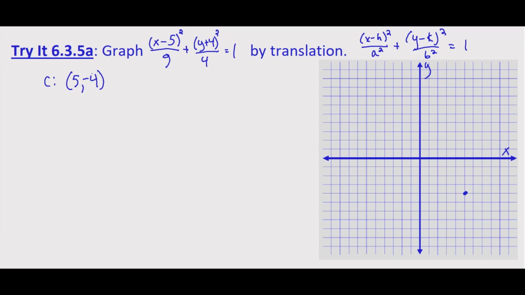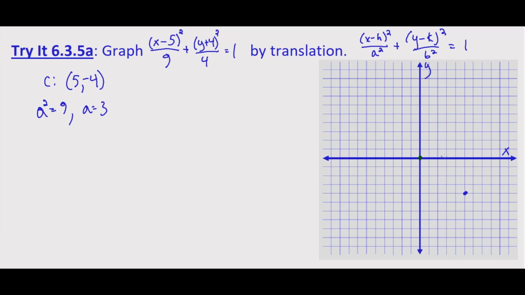So let's just look at if we're centered at the origin. We know a squared equals 9, so a equals 3. I'll go ahead and change colors for where we're translating from. So let's say we're centered at (0, 0). a is 3, and that's under x.